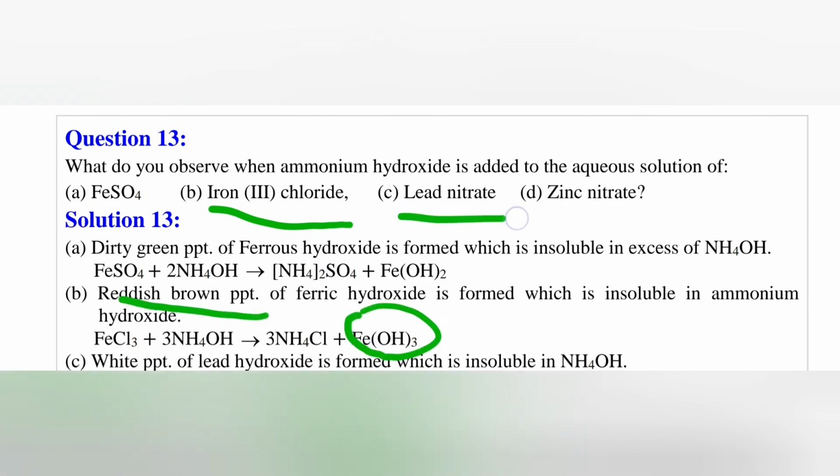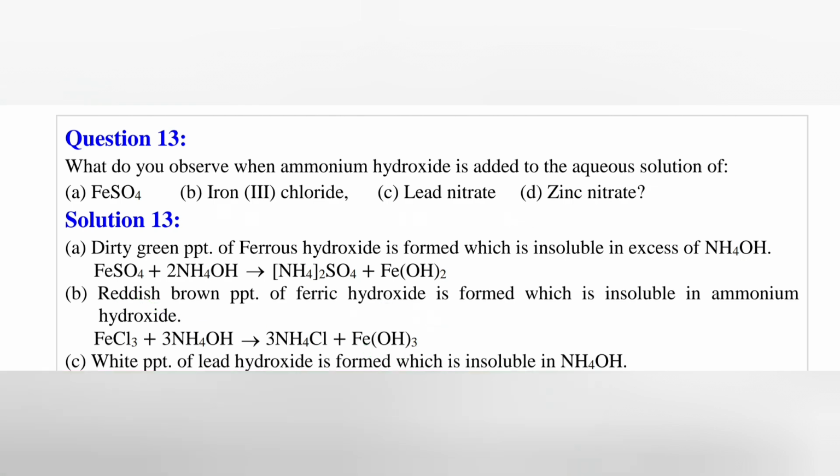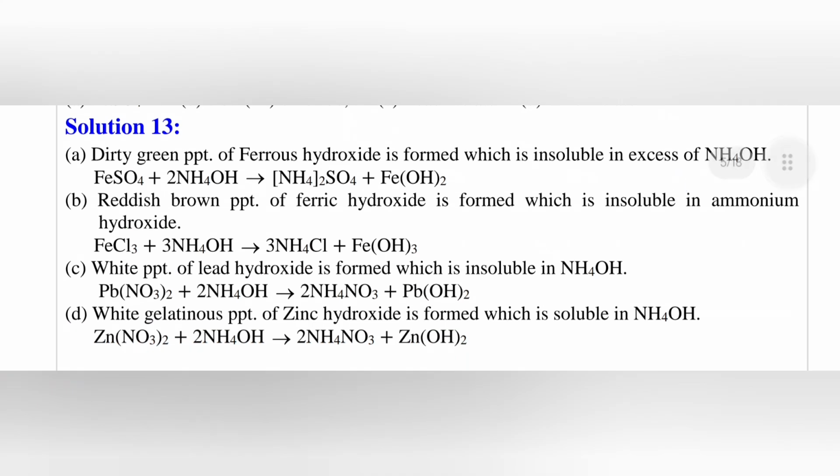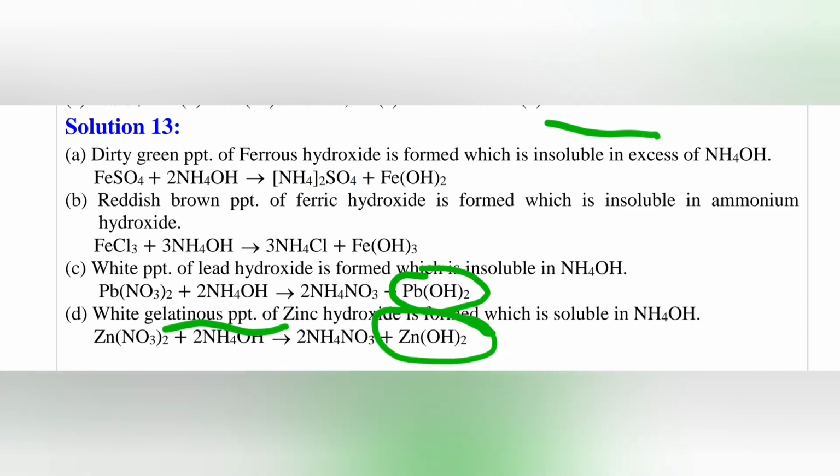When it reacts with lead nitrate, it gives a white precipitate of lead hydroxide, and when it reacts with zinc nitrate, it gives a gelatinous white precipitate of zinc hydroxide. This is also part of analytical chemistry.